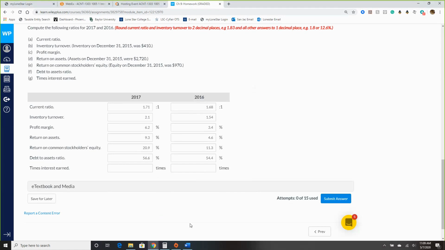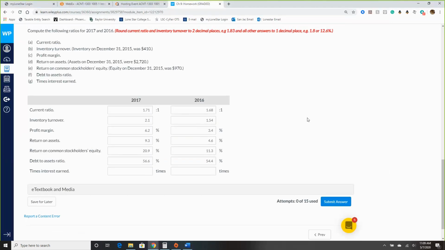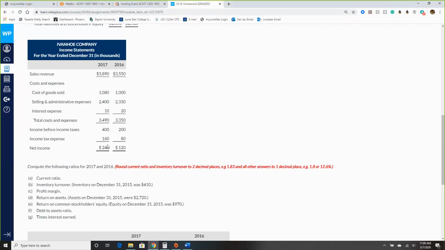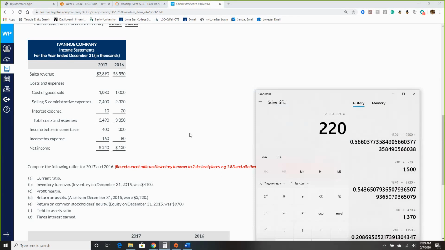Okay. Last ratio of the homework is times interest earned. So net income plus interest expense plus income tax expense divided by interest expense. Okay, so we have all three. So again, 16 net income plus your interest plus your income tax, then divided by your interest.